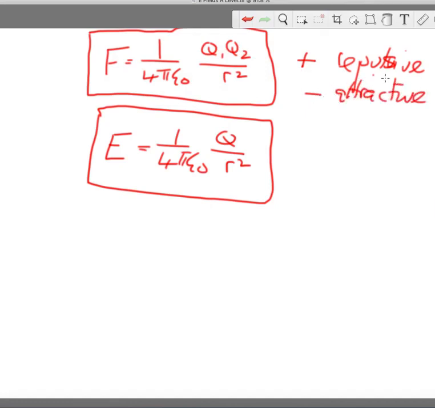So anytime you see a positive force, that's repulsive. Negative force is attractive. So there you have your expression for the force between two isolated charges, or two spherical charges, if you like, near each other, a distance r apart. Here you have the field strength at a distance r from a charge q, coulombs. Those are your expressions for field strength in a radial field.